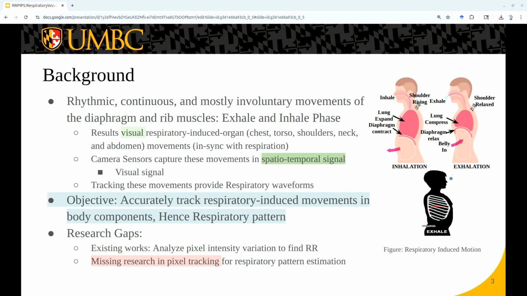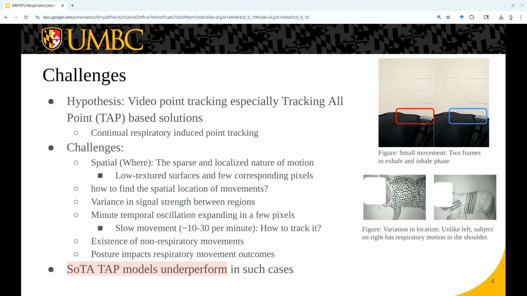While existing vision methods try to estimate this pixel variation to estimate respiratory rate, the full reconstruction of the respiratory waveform is still missing. Our objective is to accurately track respiratory-induced movement in body components, hence the complete respiratory waveform.